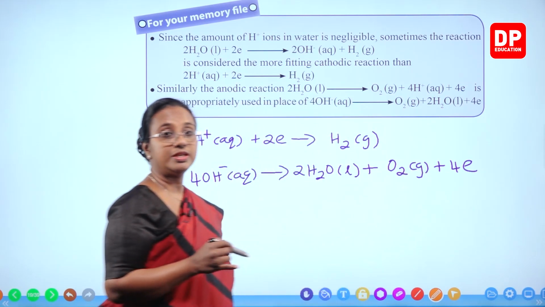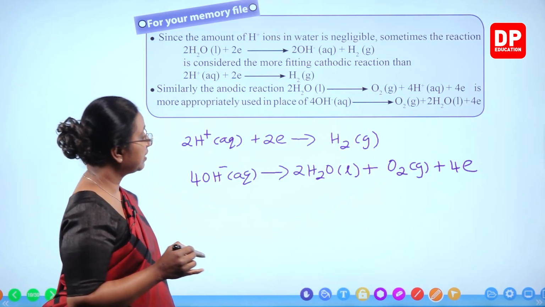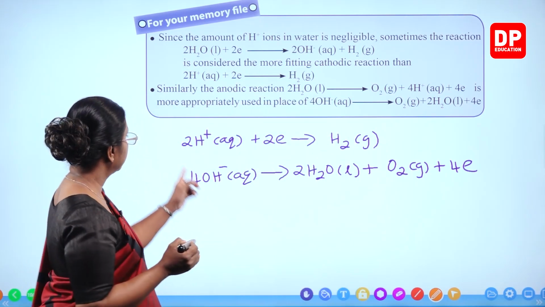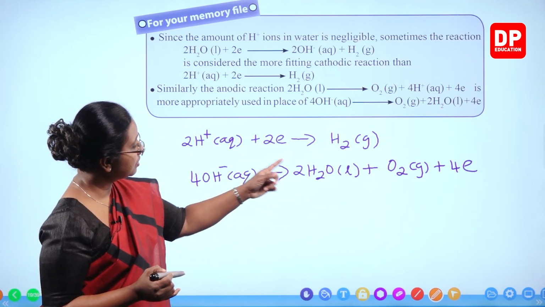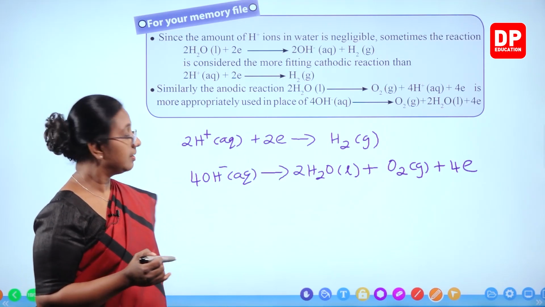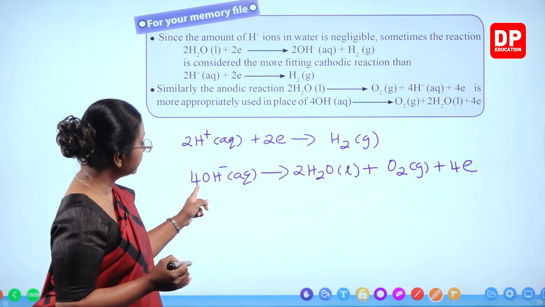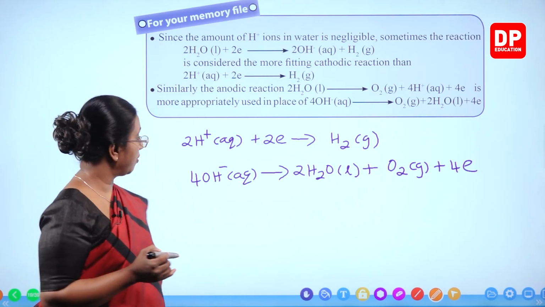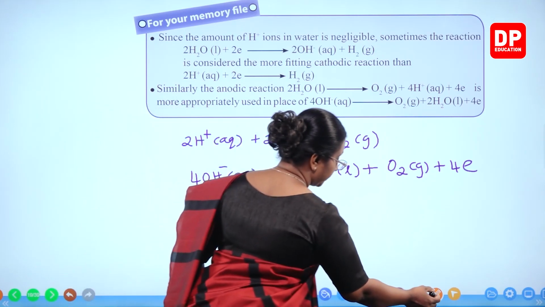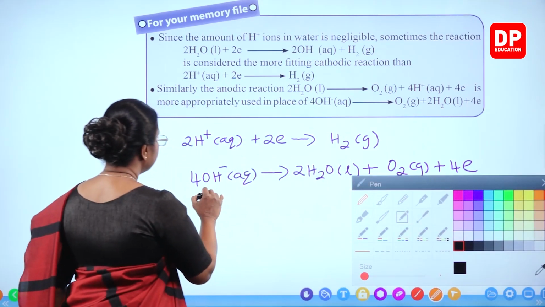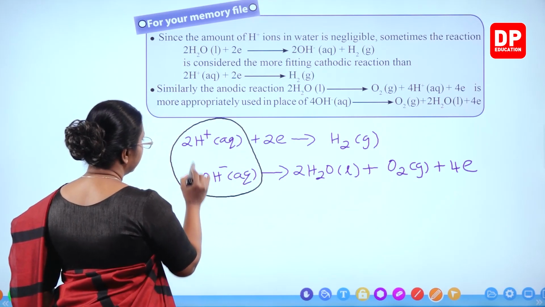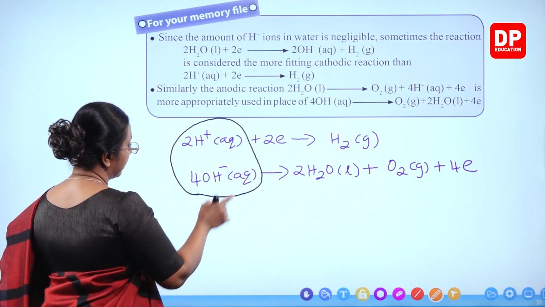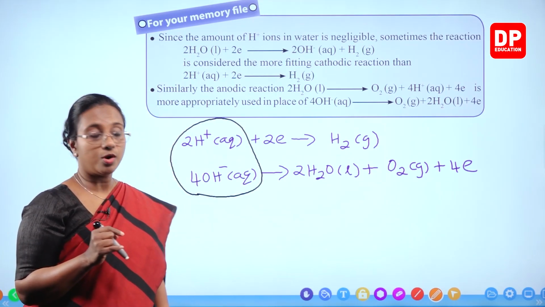Now these are two half reactions that are familiar to you. This is the reduction half reaction where H2 gas is formed. And here it is the oxidation half reaction where oxygen gas is formed. Now in these two, you can see here, students, these two ions, H plus and OH minus, are from water.